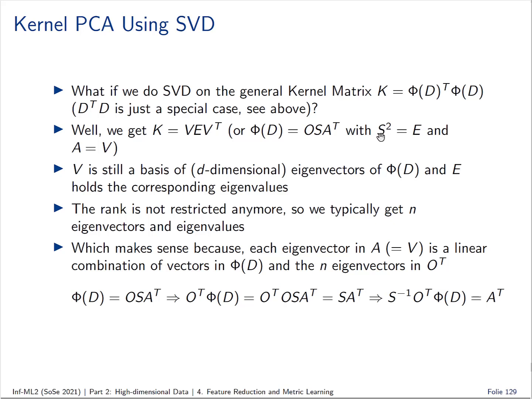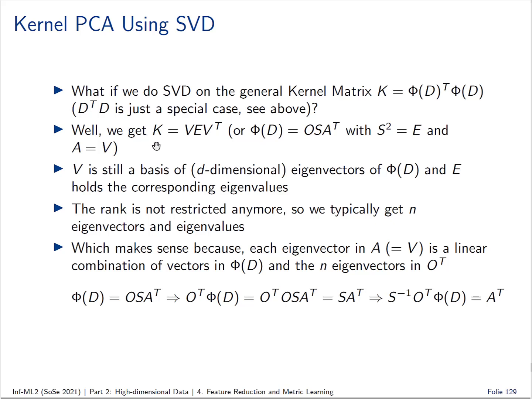So S has the singular values of this mapped data set. That is exactly the same as we had before. The only thing is that now the original data is the mapped data, and the covariance matrix is the covariance matrix of this mapped data, which is the kernel matrix now.